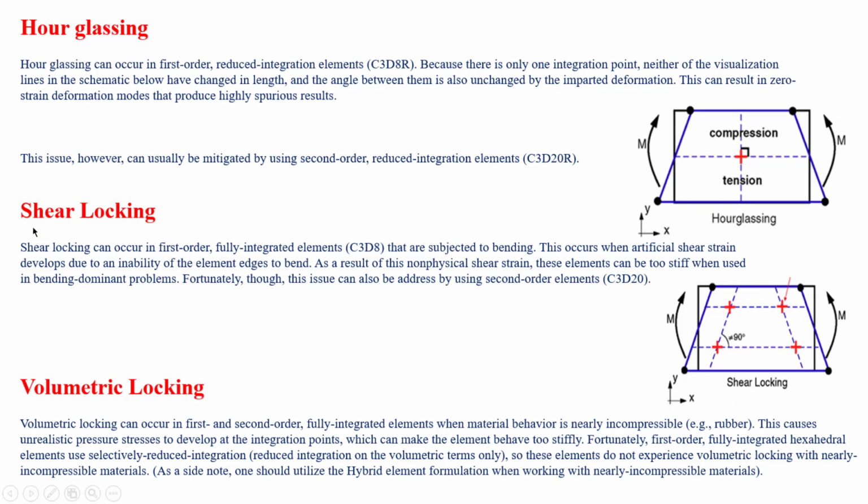When it comes to shear locking, if we consider this particular model, again it will occur for the first order elements, like C3D8, subjected to bending. Artificial strain develops due to the instability of the element as it undergoes bending, so some points are created inside the integrated element.